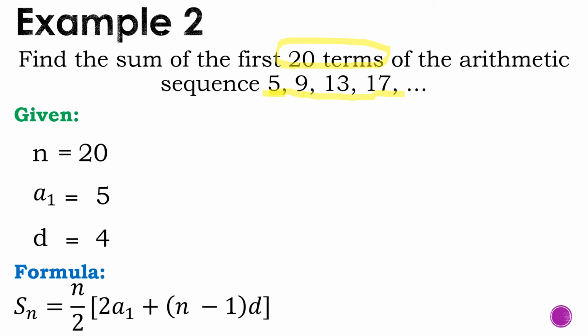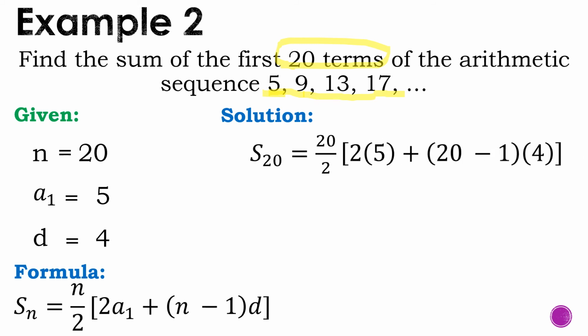Using the formula again of the arithmetic sum, S sub n. Solution, you substitute the values. Okay, let me explain here. So why S sub 20 again? Because we are solving the first 20 terms. So of course, n substitute into 20. And then where do we get 5? 5 is the first term.